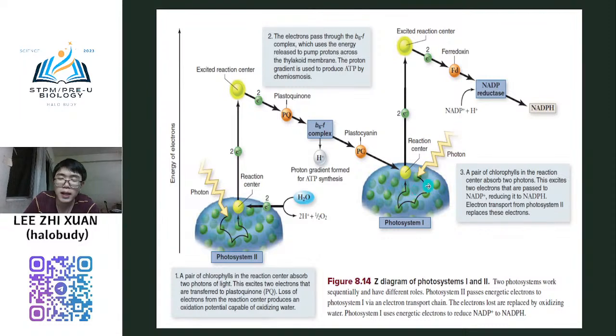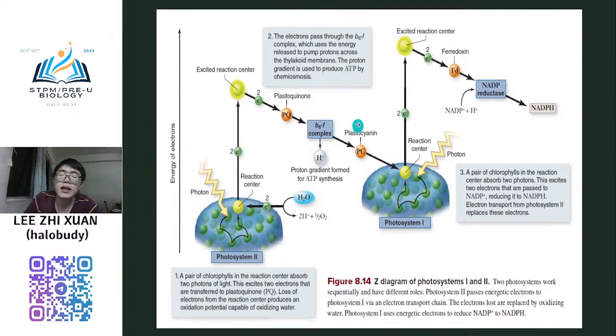At the same time, this PS1, the chlorophyll A, will also absorb the light energy here, and then transfer the energy to this reaction center. Once this reaction center has received the electron from the electron transport chain, it will directly go to the excited state and then release the electron to this ferredoxin.